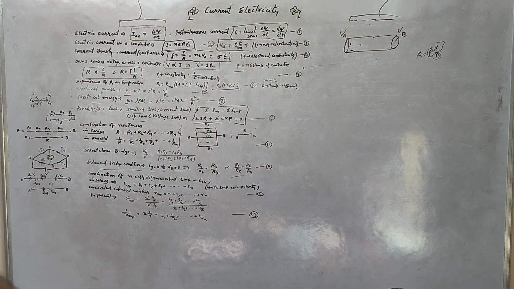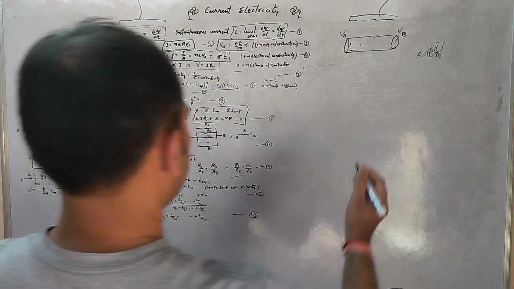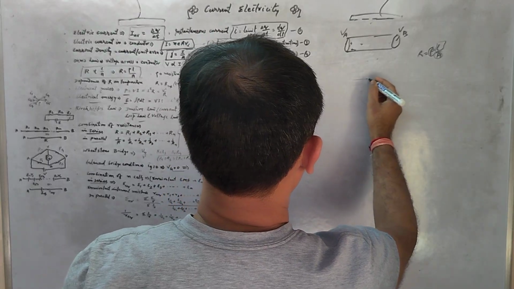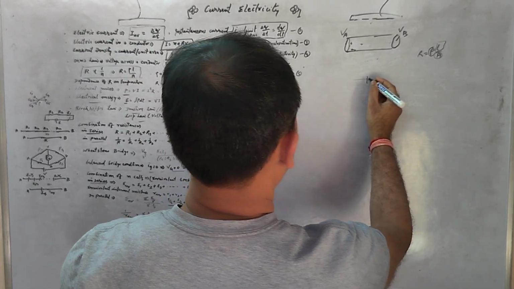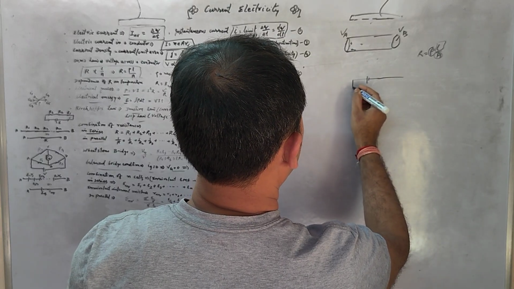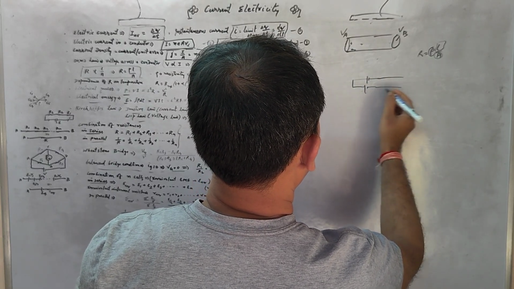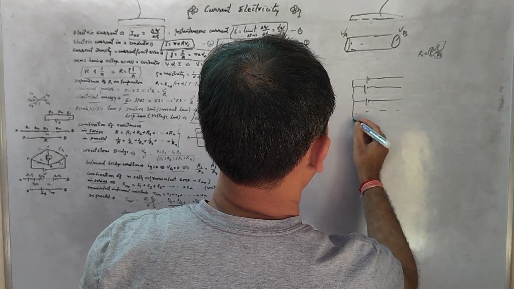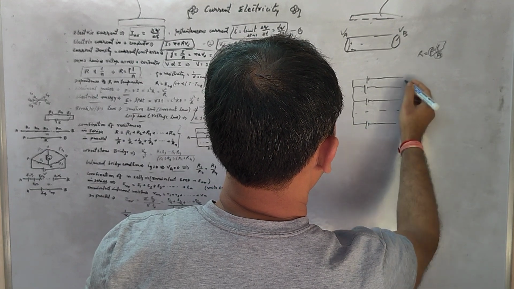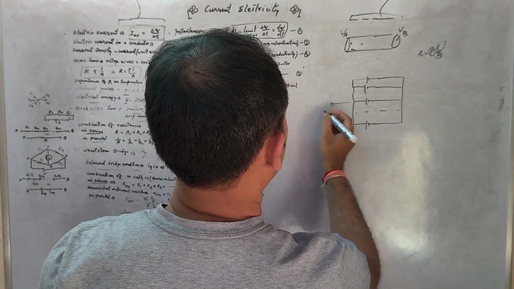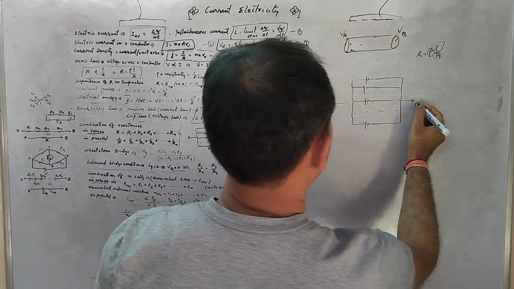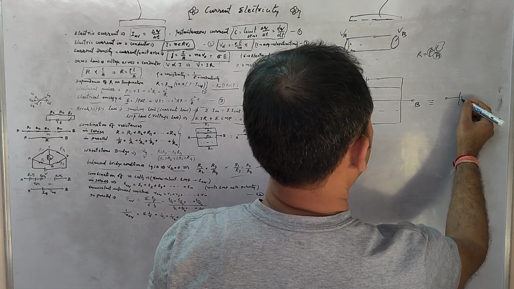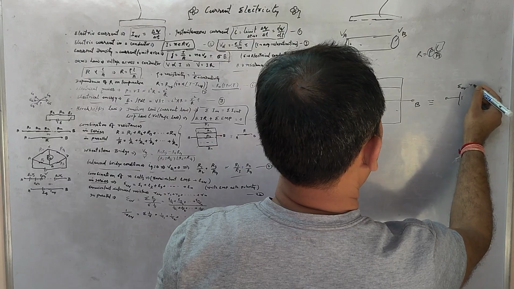Next, in parallel case, parallel combination of cells, internal resistance, this will be equivalent to cell E equivalent, R equivalent.